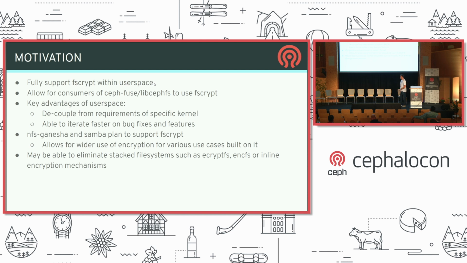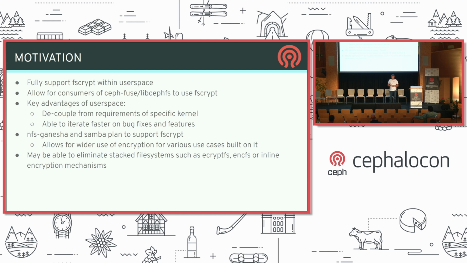So the motivation of adding fscrypt to user space is first and foremost feature parity. We're wanting to make this feature as accessible as possible to various types of consumers or users of CephFS to have an uptick in adoption.